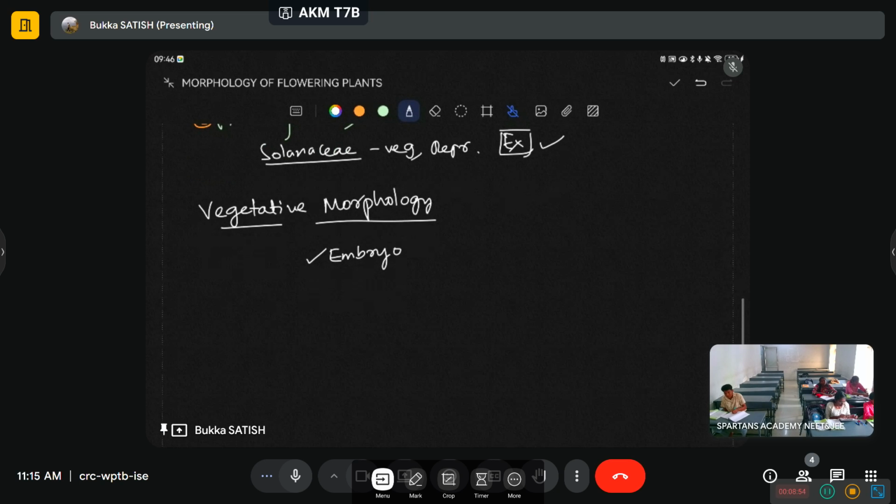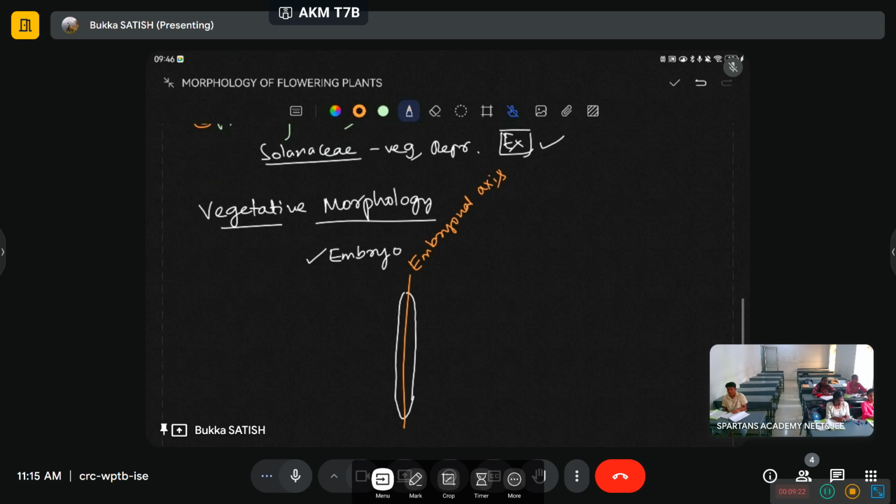So when you see the embryo of dicot or monocot, understand this properly. There are some terms you have to learn here. Now say this is the embryo. This axis, the axis which I have shown here, is the embryonal axis.